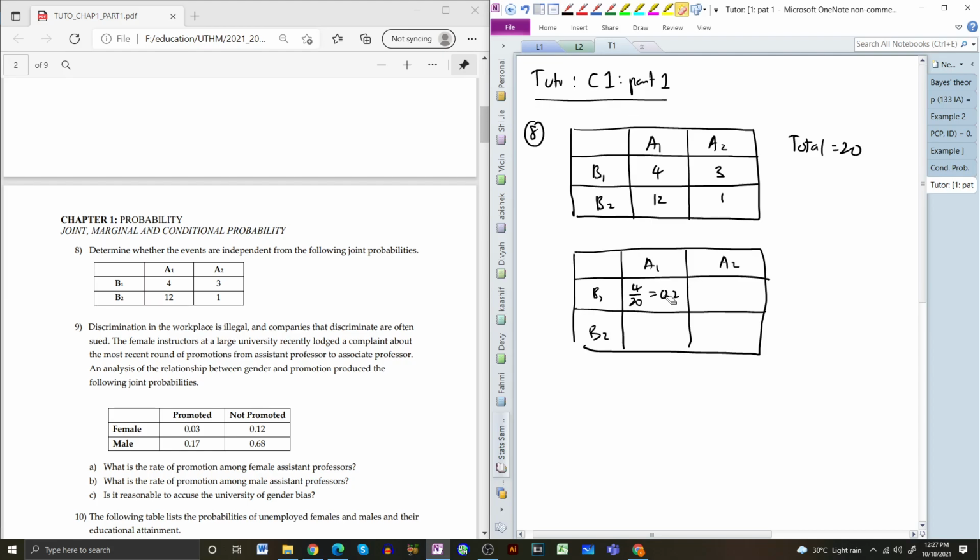Okay, we focus on the probability. A2 is 3/20, which will give you 0.15. Then 12/20 and 0.05.